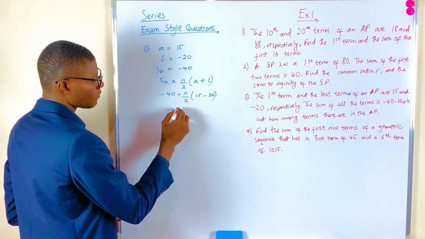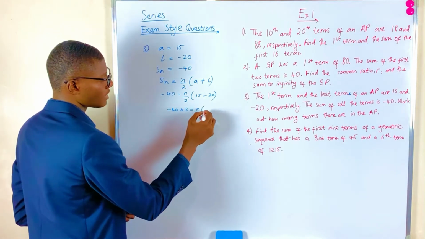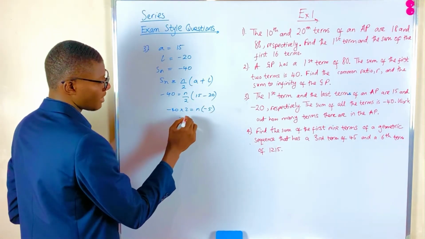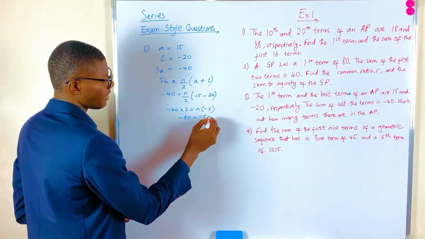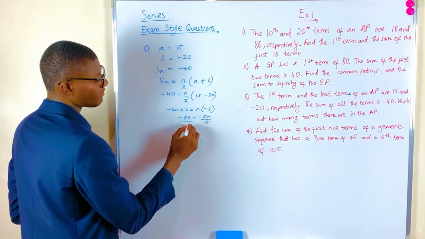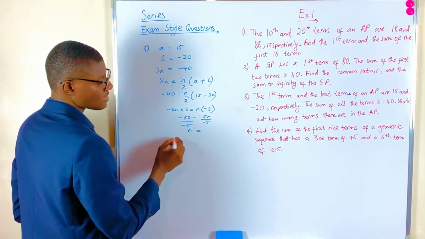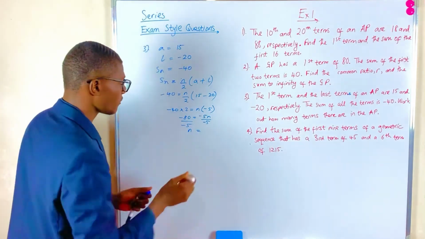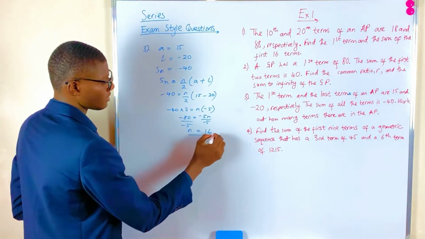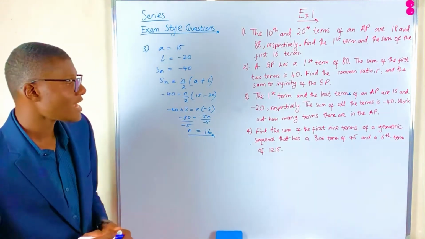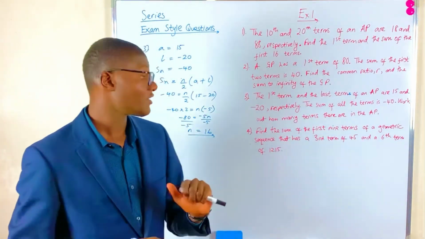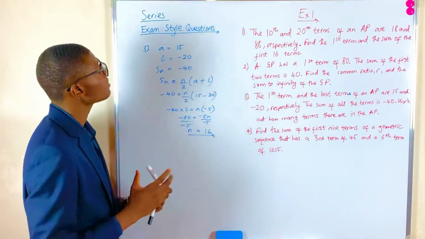To get minus 40 times 2 being equal to n times minus 5, and minus 80 is equal to minus 5n. Solving for n, we divide both sides by minus 5, such that n is equal to 16. So this implies that there are 16 terms in the arithmetic progression. This was for number 3.